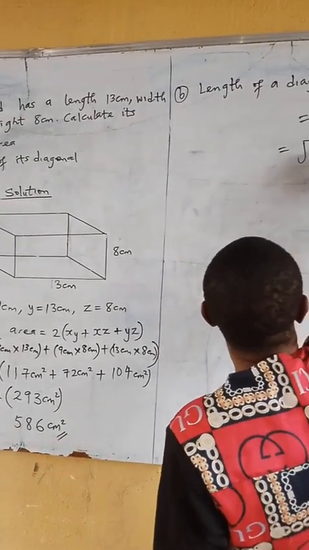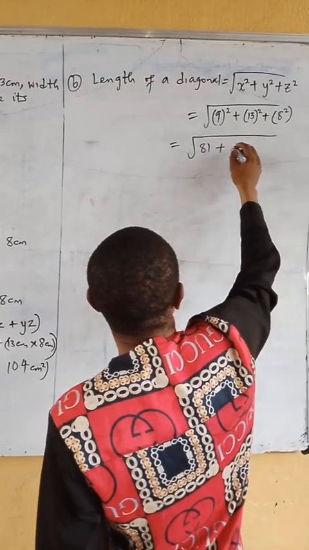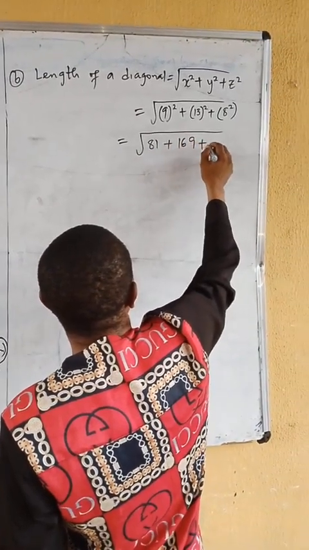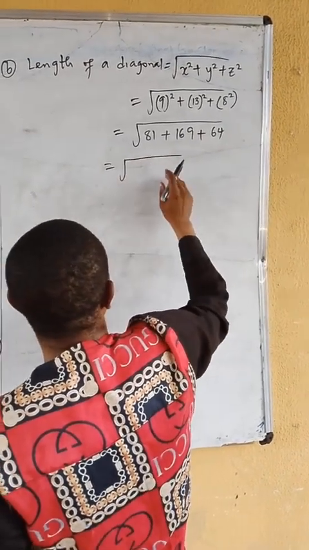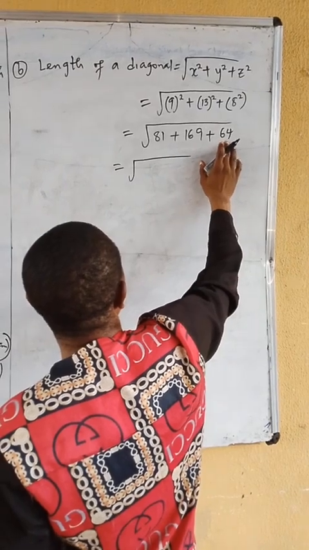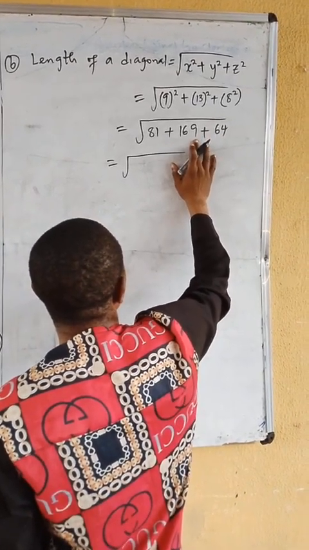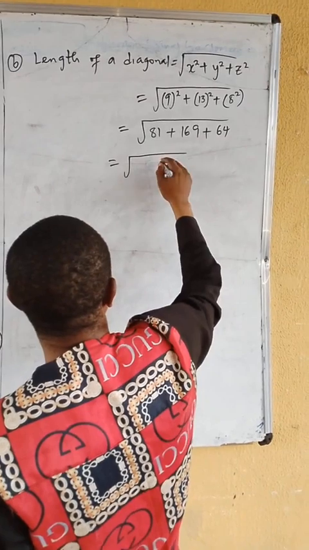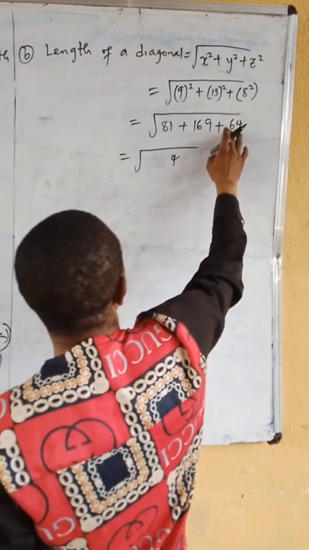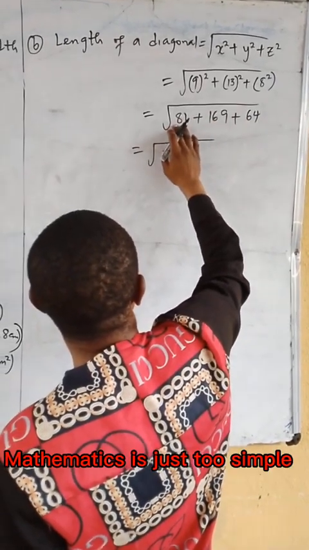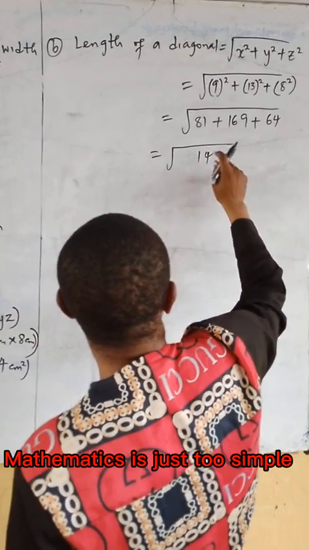9 times 9 will give us 81. 13 times 13, that's 169. And 8 times 8, that's 64. So let's add, square root of, let's add the first digit. 4 plus 9, that's 13. 13 plus 1, that's 14. We keep 1. So let's add the second digit now. 6 plus 6, that's 12. 12 plus 8, that's 20. Plus 1, 21, we keep 2.